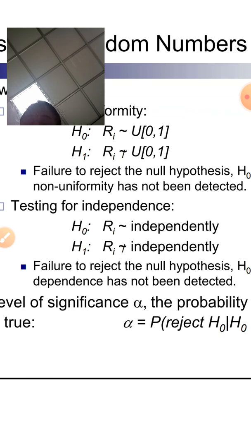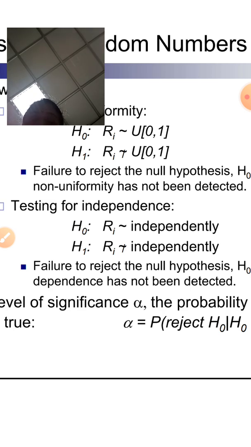Testing for independence. Again, as I said, with hypothesis testing, the null hypothesis states that the random number is completely independent of the previous or the next numbers. So the null hypothesis H naught says it is completely independent. The H1 states that Ri is not independent.